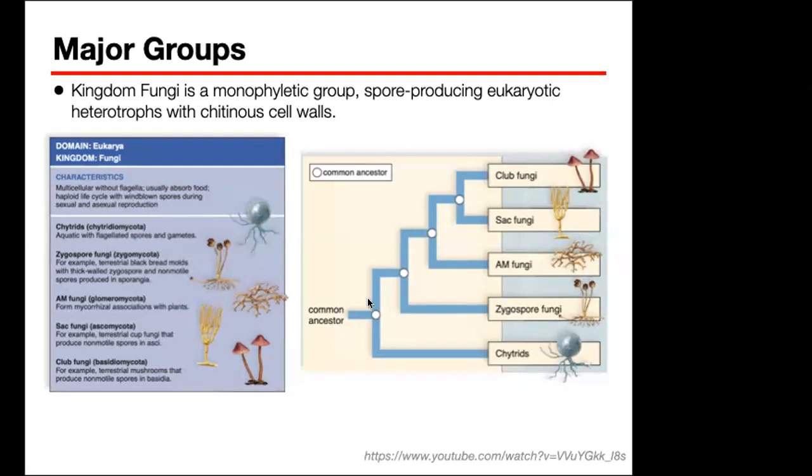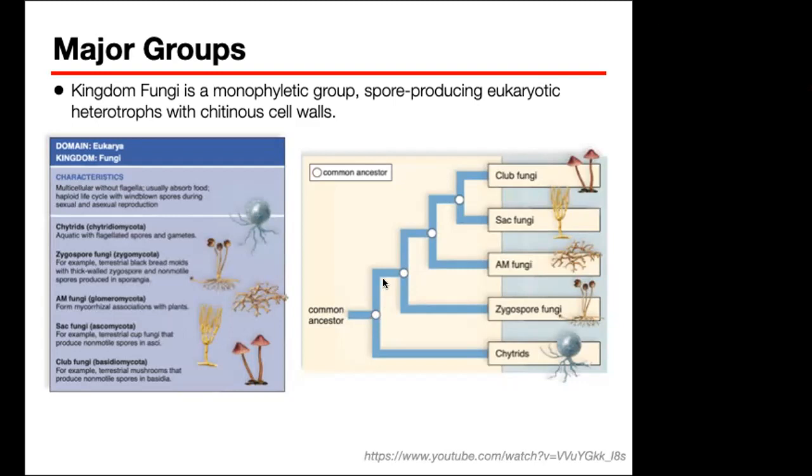If you look at this phylogenetic tree, this cladogram shows the evolutionary relationship among fungi stemming from the last universal common ancestor, which was thought to be a flagellated saprotroph, and this flagellated saprotroph possessed a chitinous cell wall.